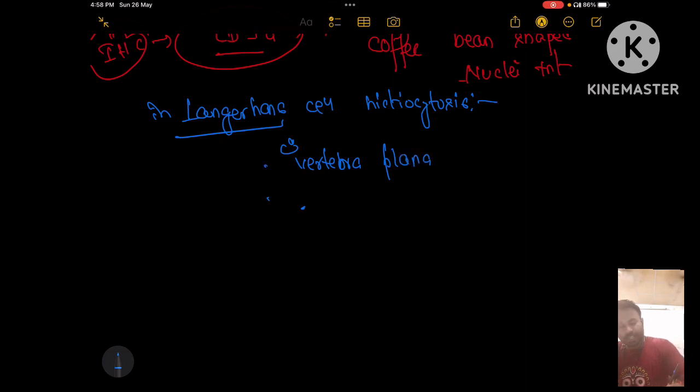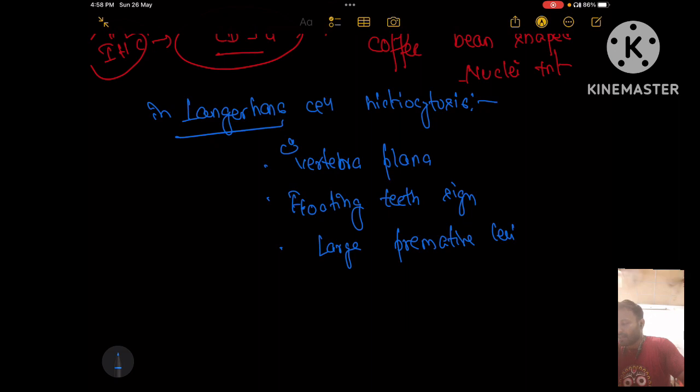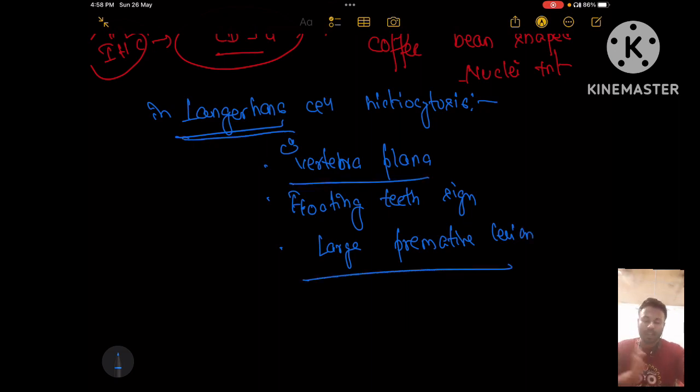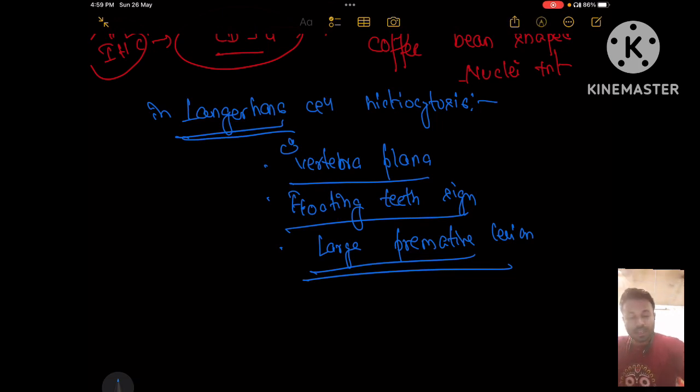Next, floating teeth sign. Next, large punched-out lesions. So in Langerhans cell histiocytosis, we can see vertebra plana, floating teeth sign, and large punched-out lesions.